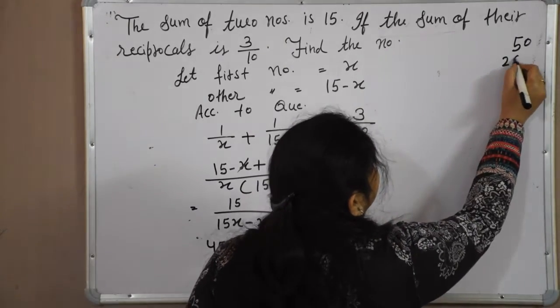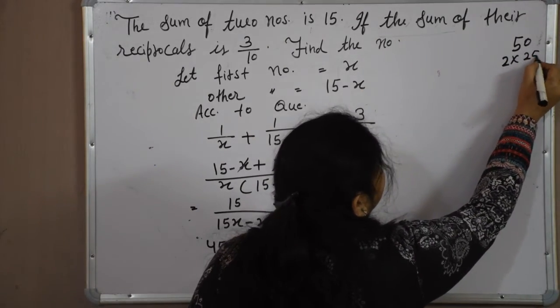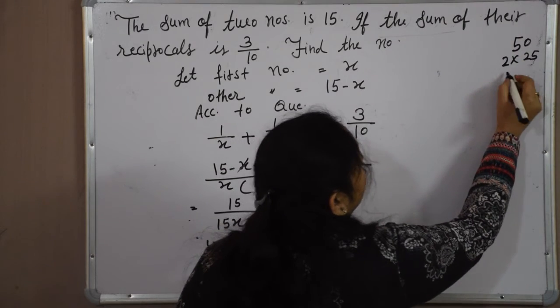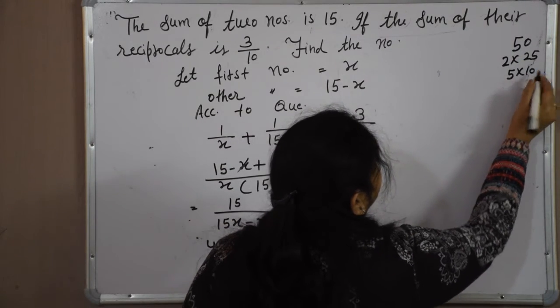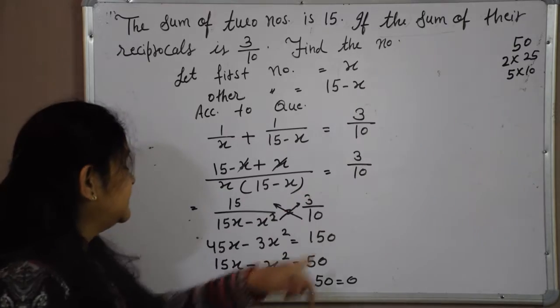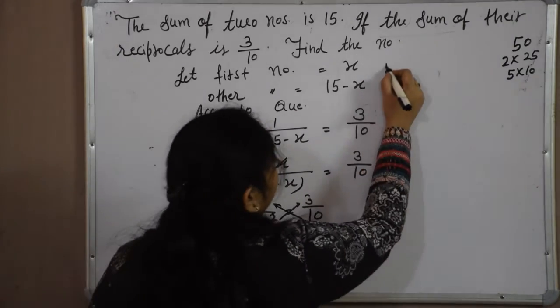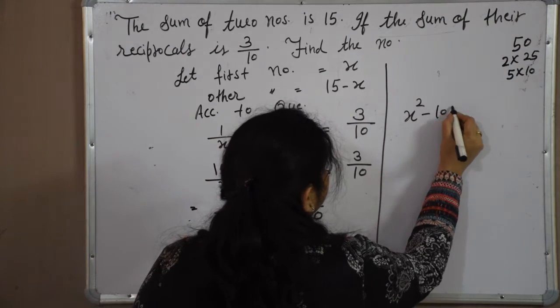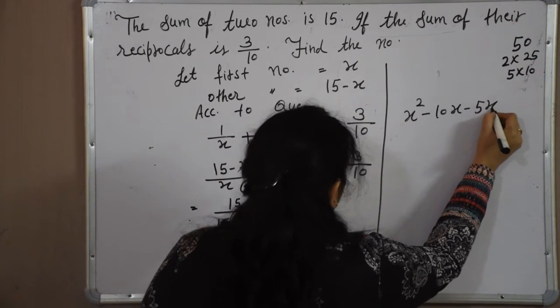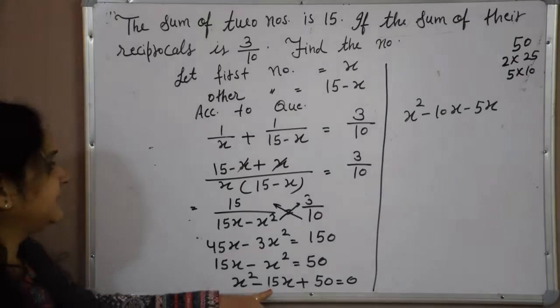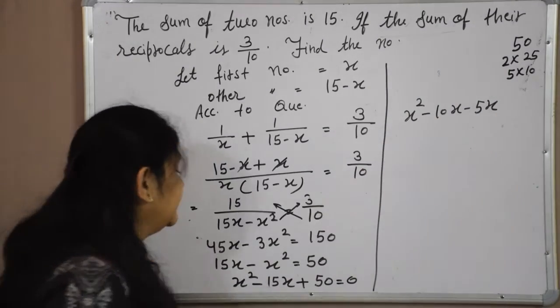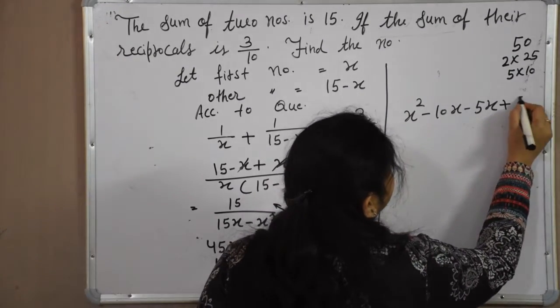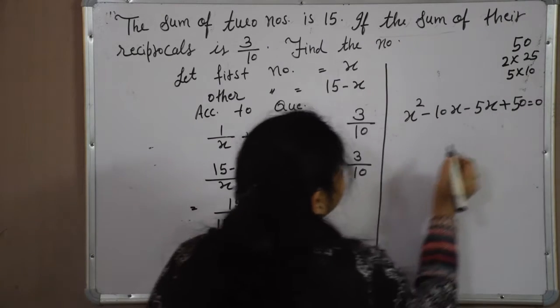We will start from 2, 25, see the gap is too much, we will go to 5 into 10, 50, and their sum is minus 15. From here we can split this minus 15 like x square minus 10x minus 5x plus 50 equals 0.